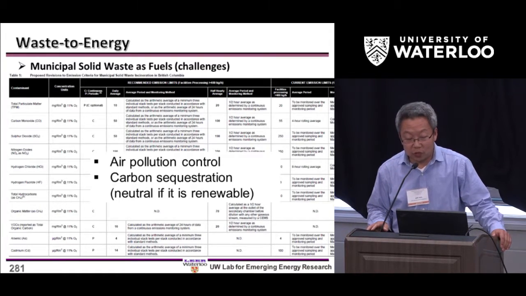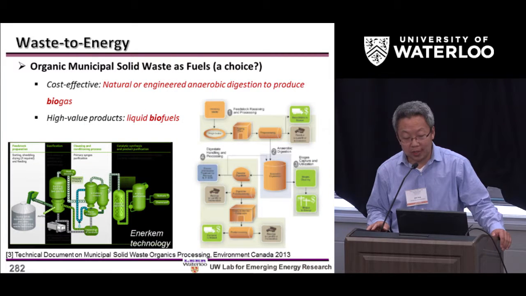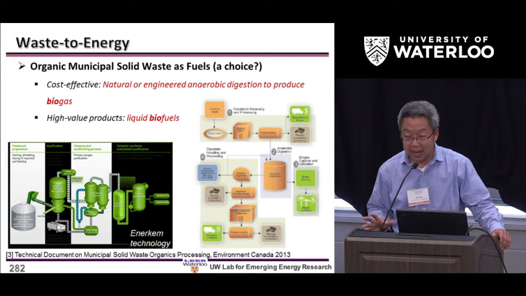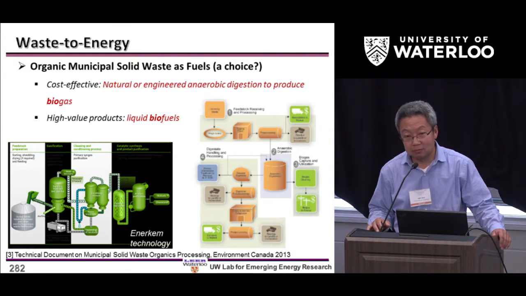Mainly, for organic solid waste, if you want to use it as a fuel feedstock, I personally think there are basically two choices. The first one is cost effective: you can have digestion produce biogas naturally, or use engineering devices to produce it.